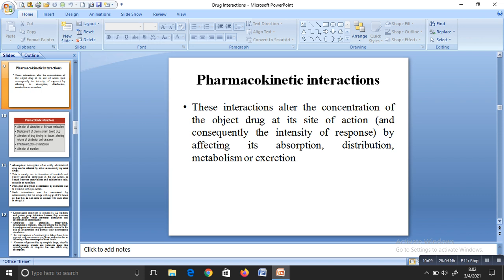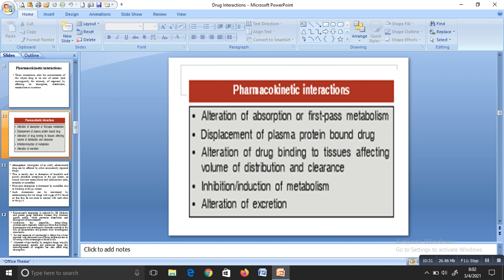What is pharmacokinetic drug interaction? This type of interaction will alter the concentration of drug at the site of action by affecting the absorption, distribution, metabolism or elimination. So in this pharmacokinetic drug interaction, there may be alteration in absorption.